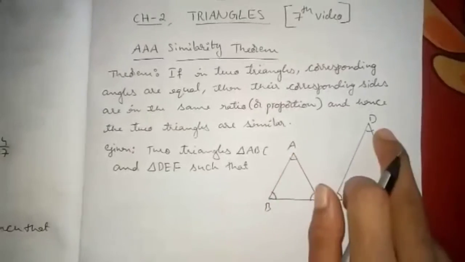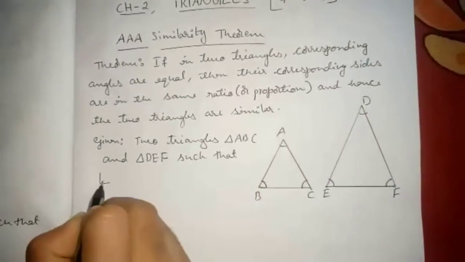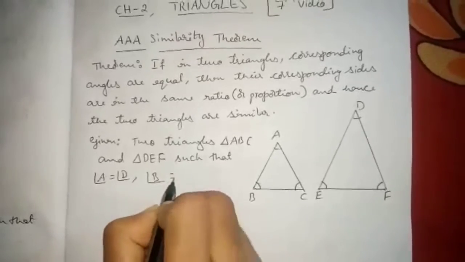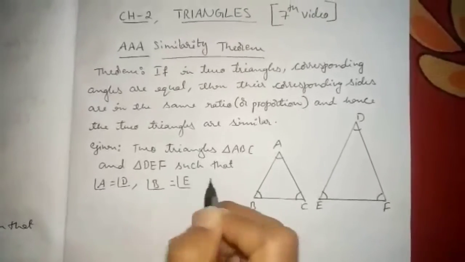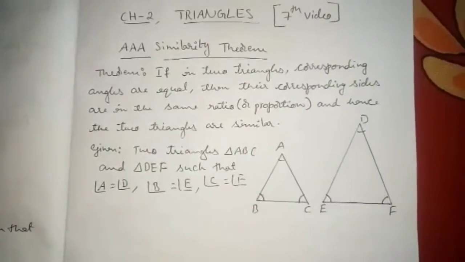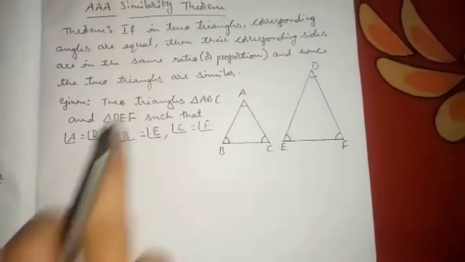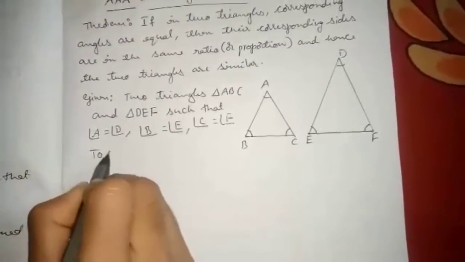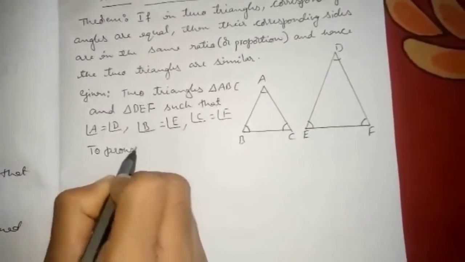So angle A is equal to angle D, angle B is equal to angle E, and angle C is equal to angle F. Then what do you have to prove here? That the two triangles are similar.